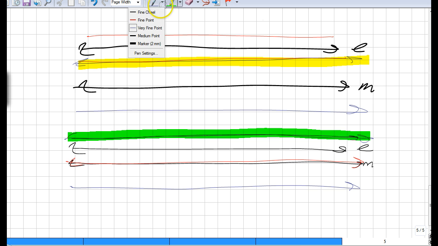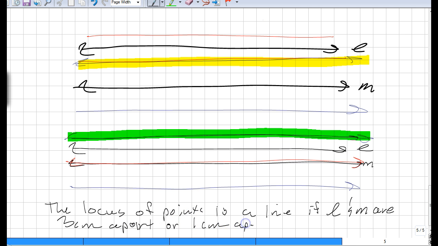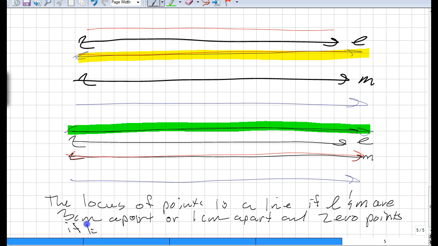Okay, so in this case, we would say the locus of points is a line if L and M are 3 centimeters apart or 1 centimeter apart, and 0 points if less than 1 centimeter or more than 3 centimeters apart. Okay, so that meets all the conditions.